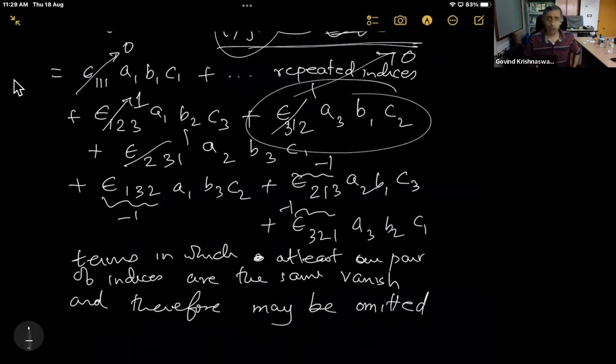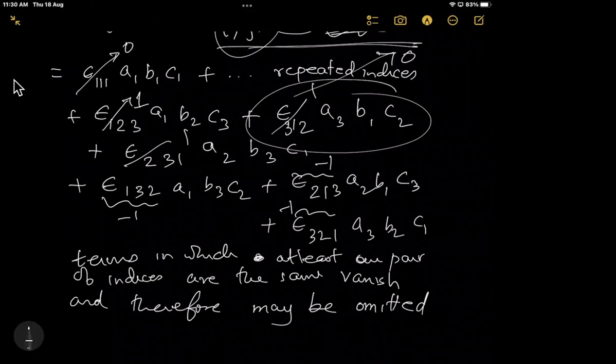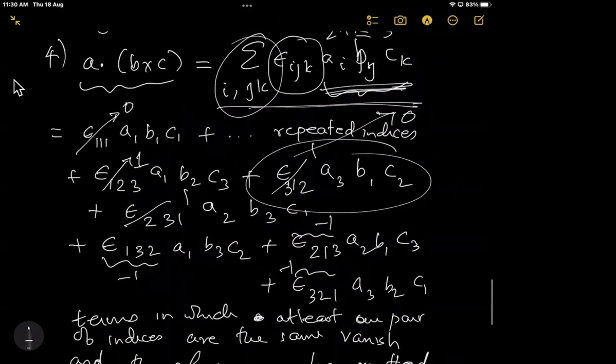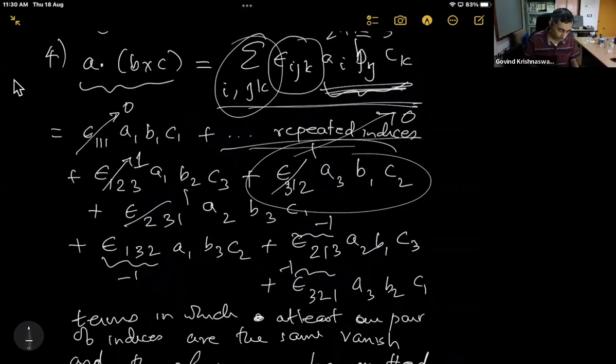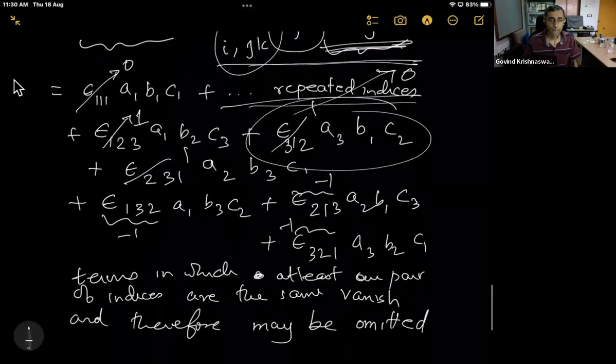I don't know if that is what you asked, but this is one way to say it in words. There are better ways as well. So that's what I meant when I hurriedly threw this away.